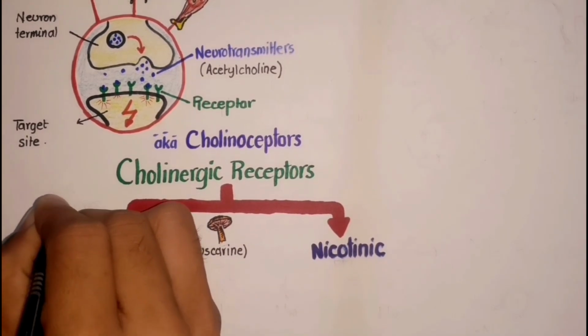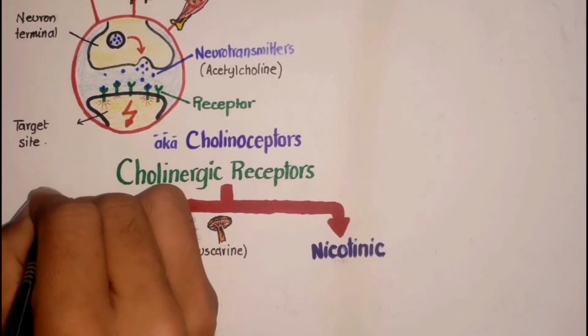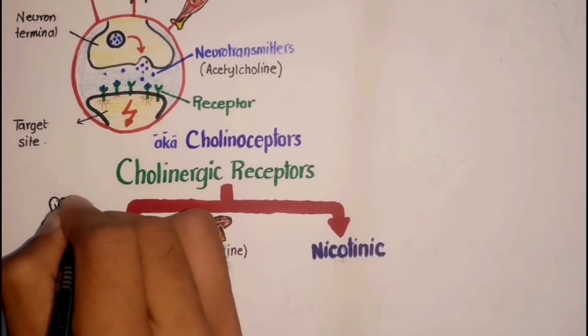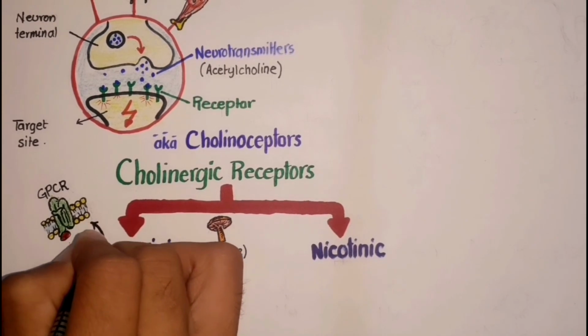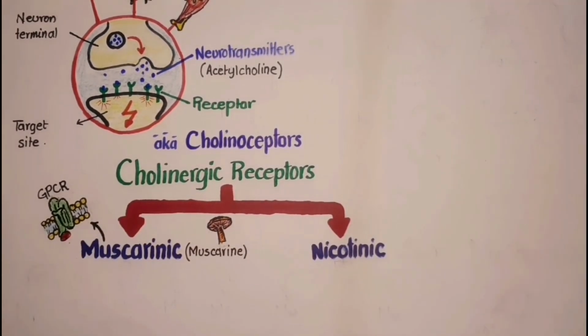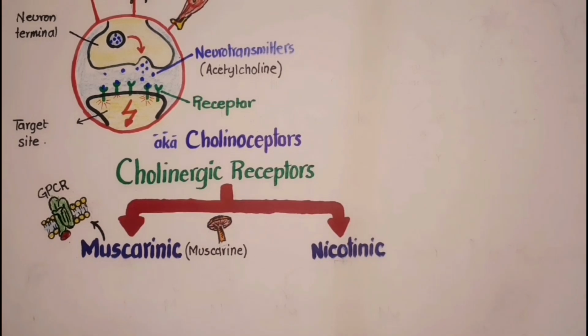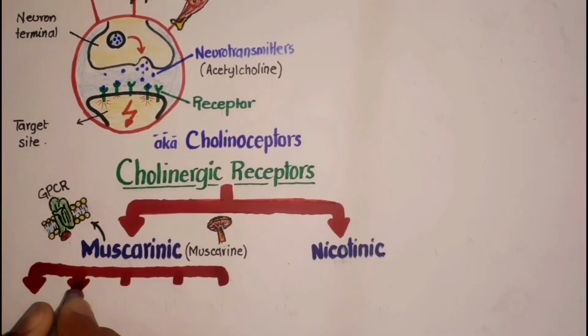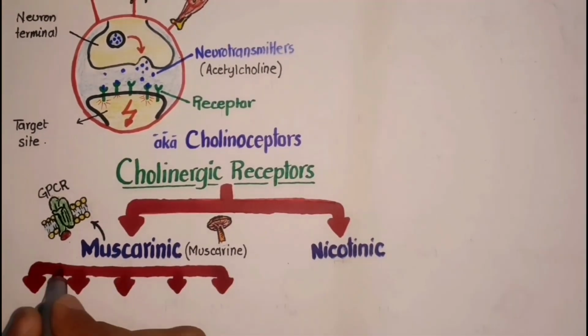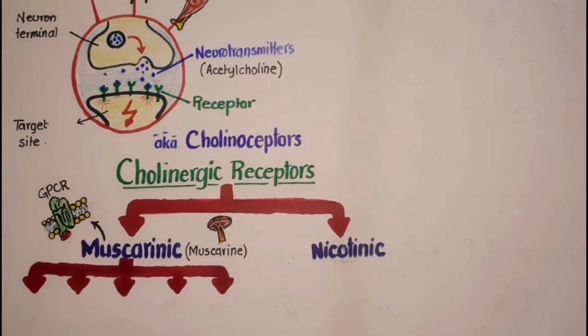Muscarinic receptors are G protein coupled receptors, GPCRs for short, which are also known as metabotropic receptors or 7 transmembrane or serpentine receptors, and they are further divided based on their molecular structure, signal transduction, and ligand affinity into M1, M2, M3, M4, and M5 receptors.